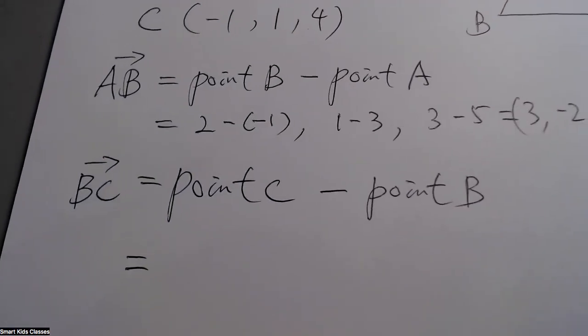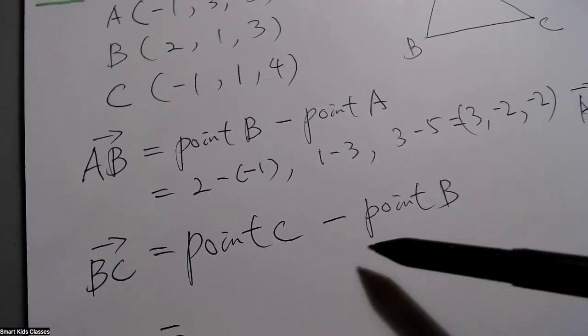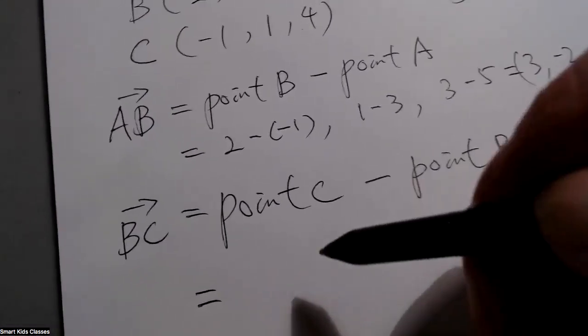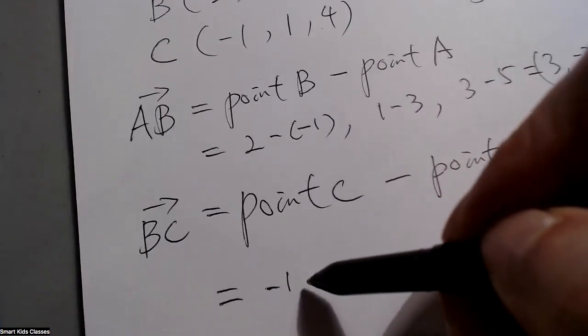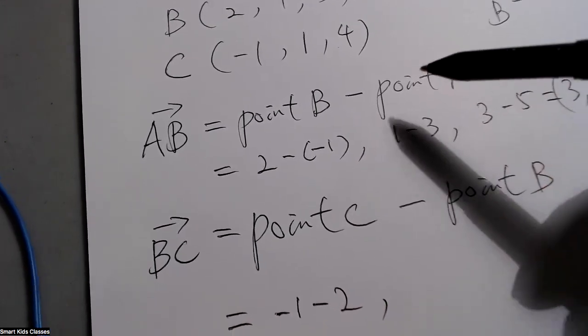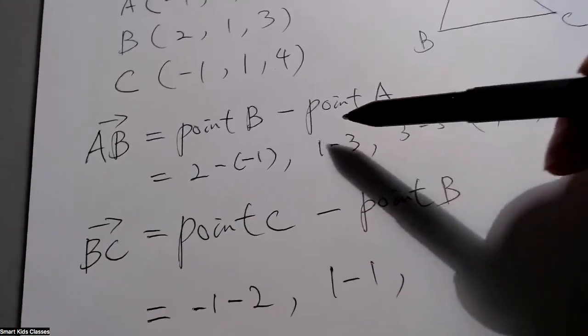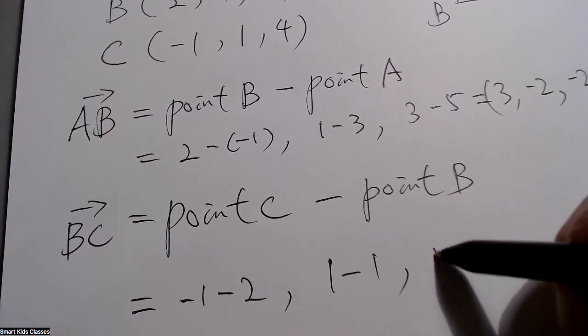Now we're going to do vector BC. It's point C minus point B. So we have -1 minus 2. Now for Y, 1 minus 1. And for Z, 4 minus 3.